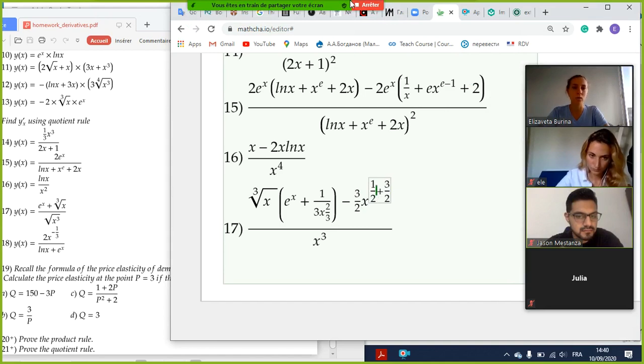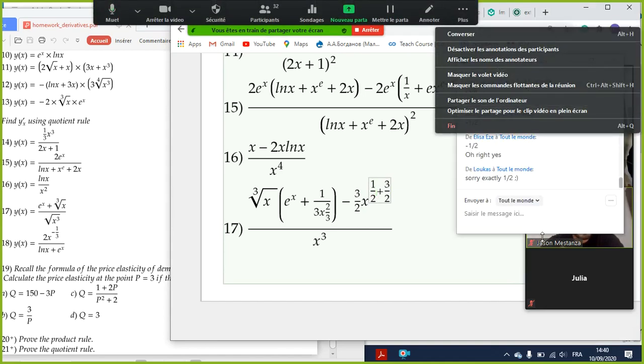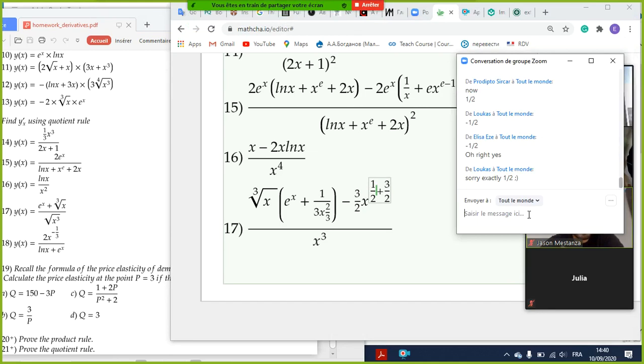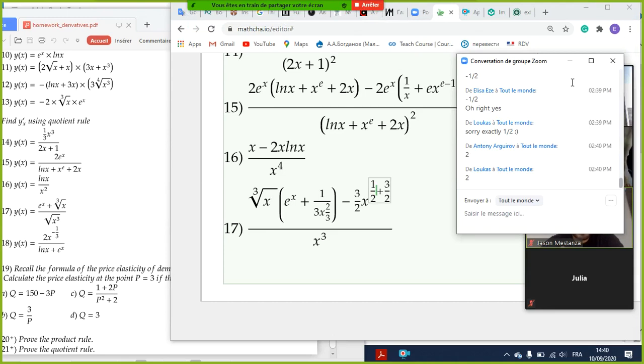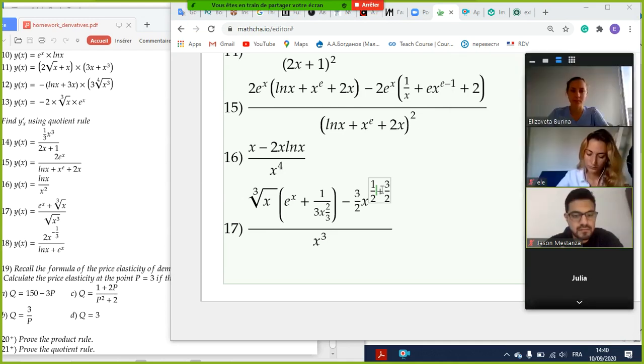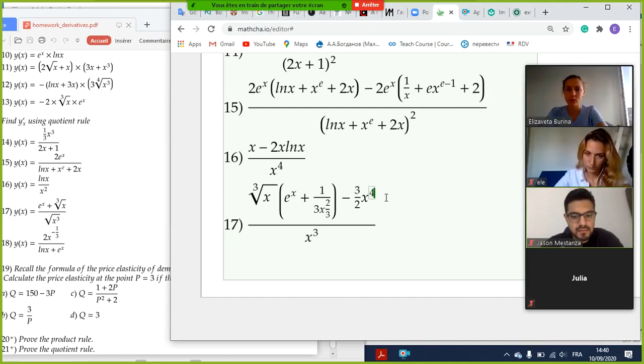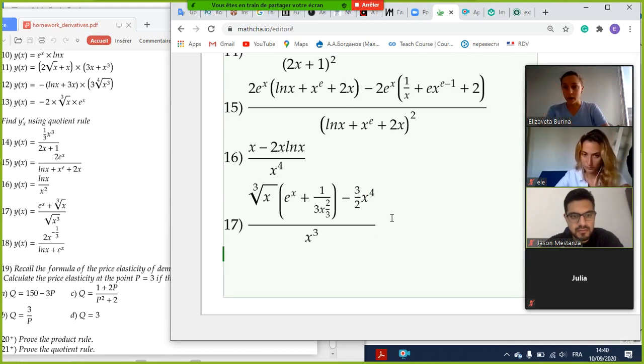Like, what exponent will x get now? 4. Yeah. And that's beautiful. So for once we can simplify. You could just write times the square root of x cubed. Great. Now number 18.